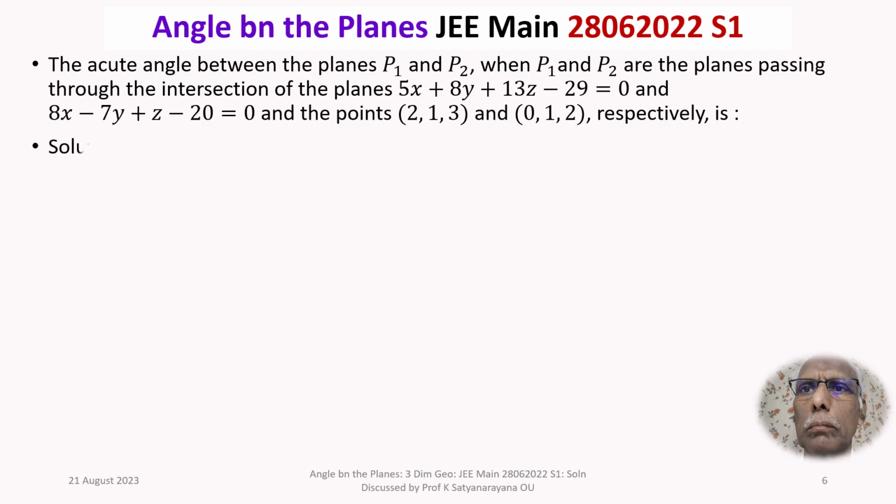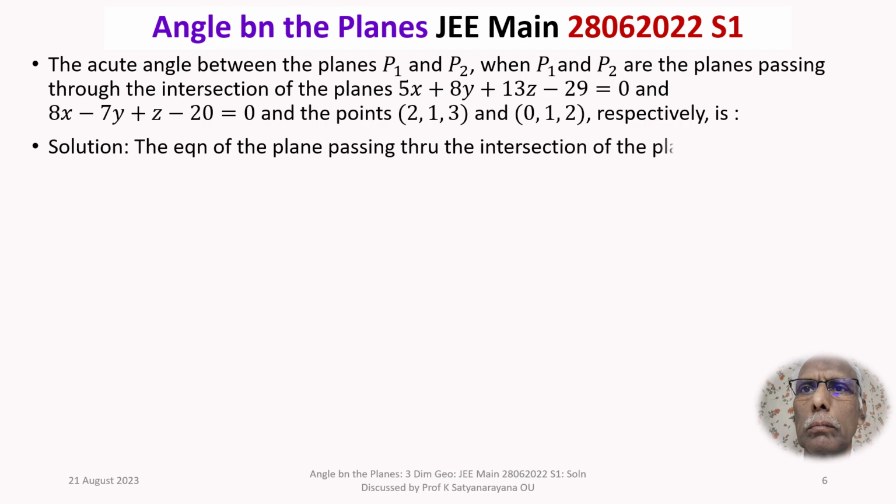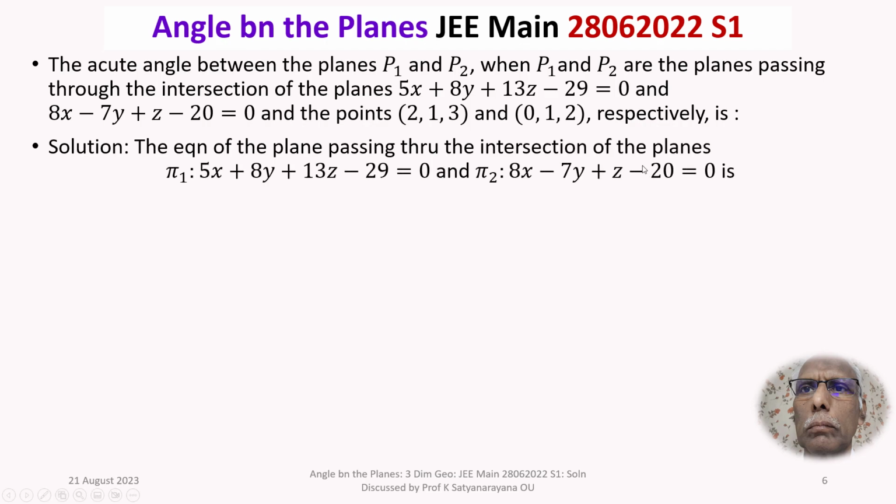We now discuss the solution of the problem in detail. We know the equation of the plane passing through the intersection of 2 planes pi 1 and pi 2 is given by pi 1 + lambda times pi 2.